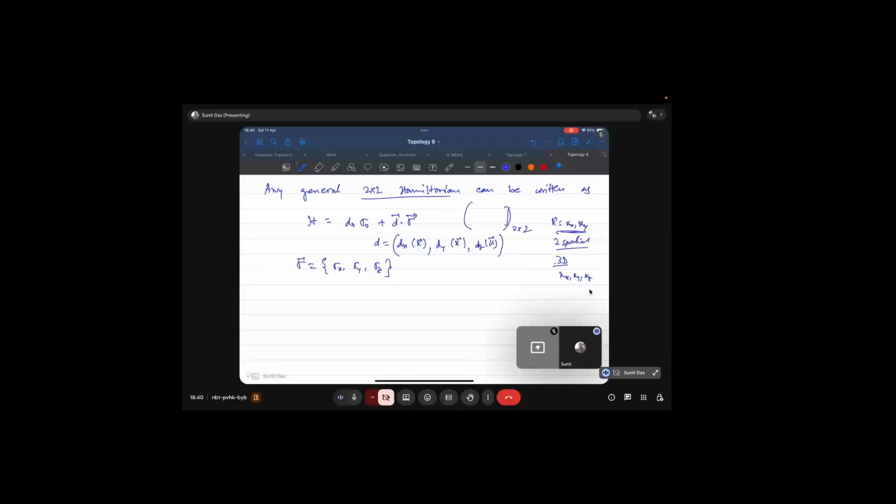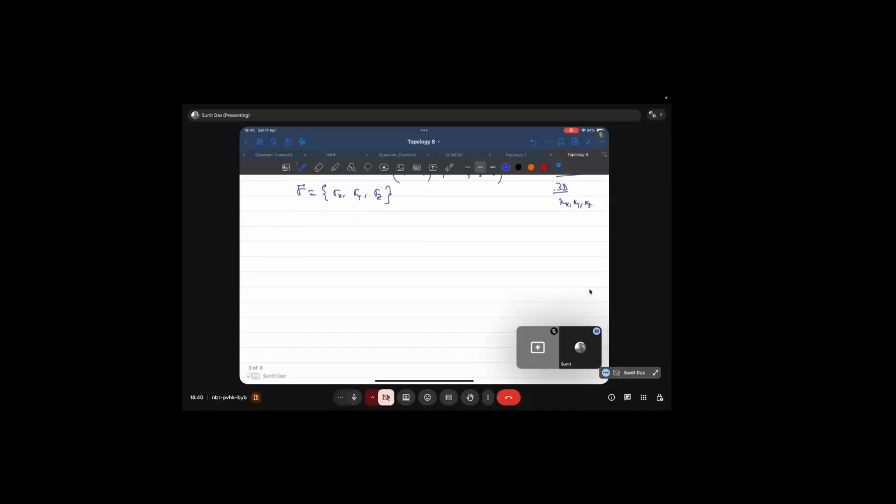So if you have this kind of Hamiltonian, then to calculate the Berry curvature, you essentially need to take the curl in k space of the Berry connection.